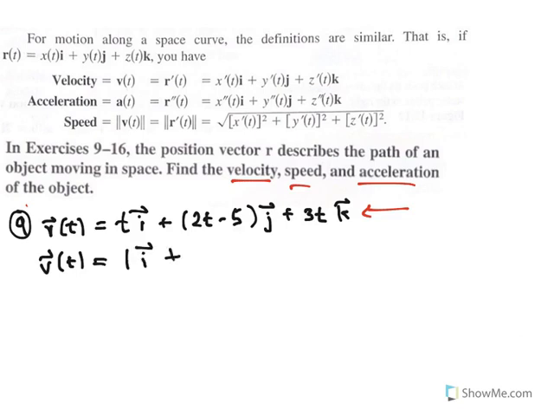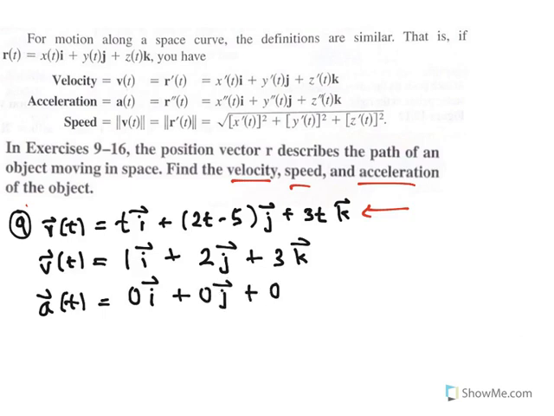So I get 1i plus 2j plus 3k. And then the acceleration would be the derivative of the velocity. Each of my component functions for velocity are constant functions, so the acceleration would be the 0 vector.